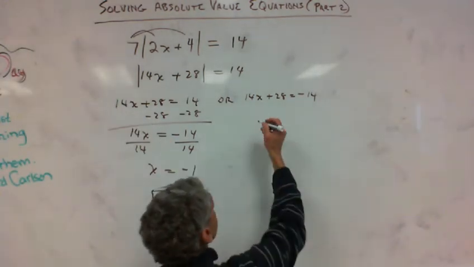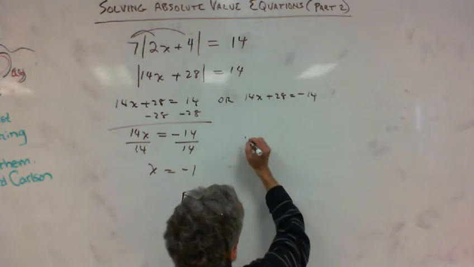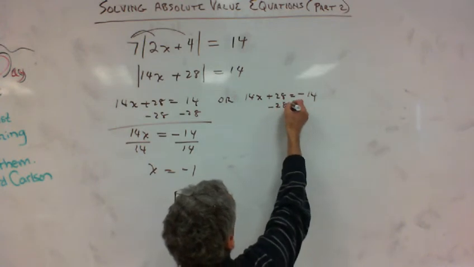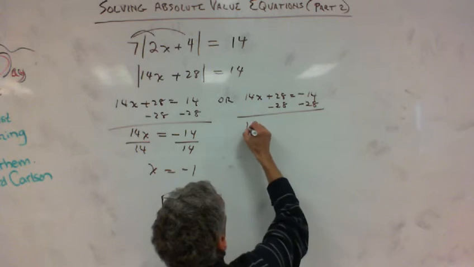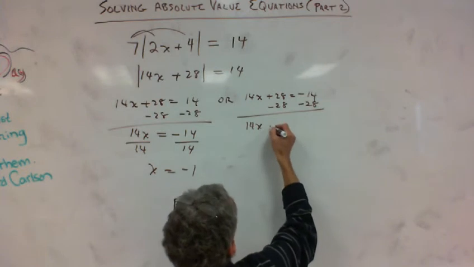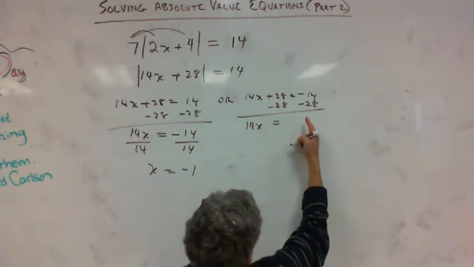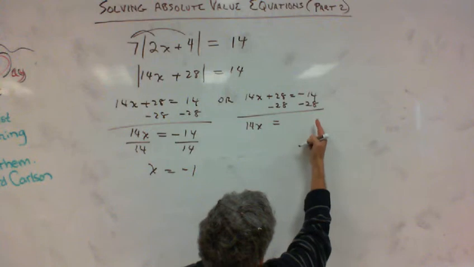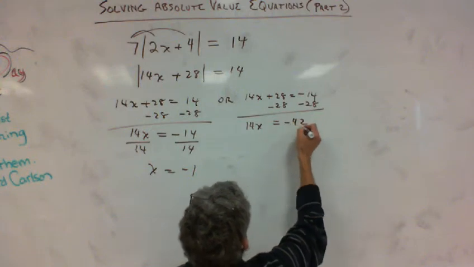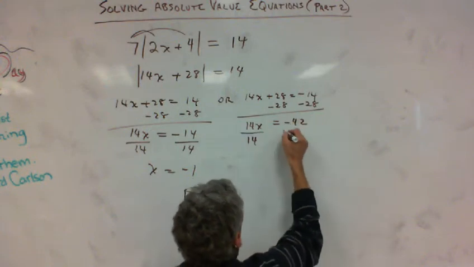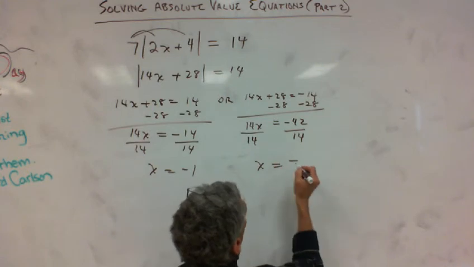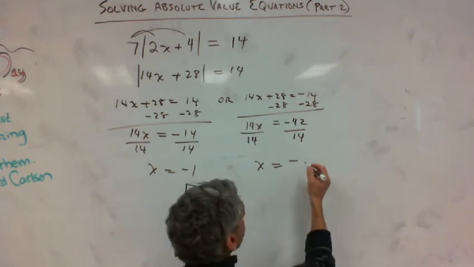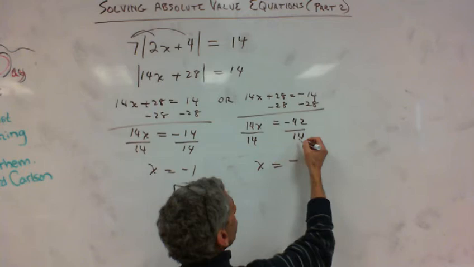So I'm going to get down here like this. Then I'm going to subtract 28 here, subtract 28 here, right? And then I've got 14x equals negative 42. Okay, divide by 14, x is equal to negative... I think I'm going to just simplify first.